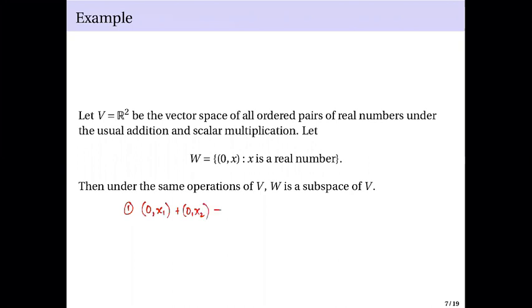This is equal to (0, x1 plus x2). And what is the condition so that you are in the set W? Your first coordinate must be 0. And look at this, 0 plus 0 is 0. So the first coordinate is 0. So this guy here will be in W.